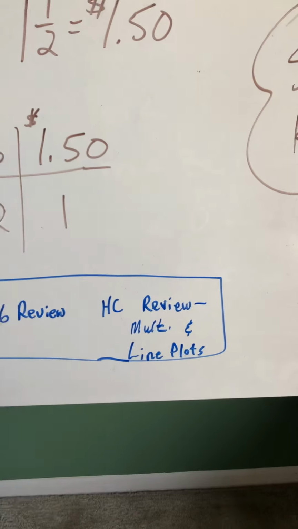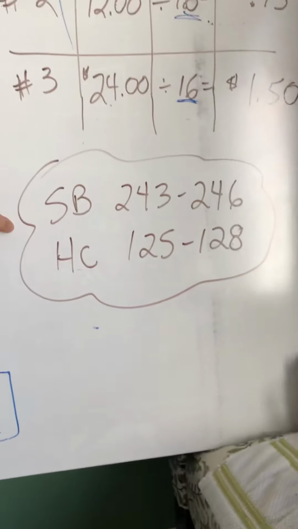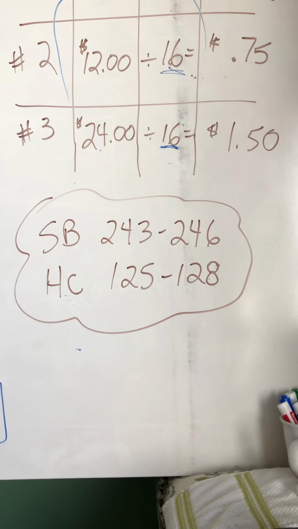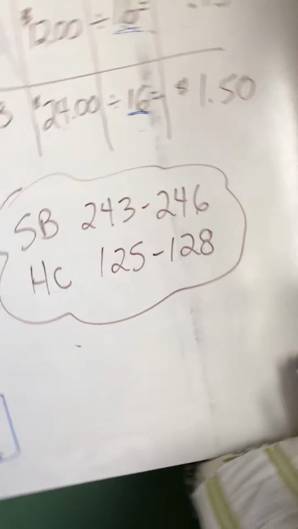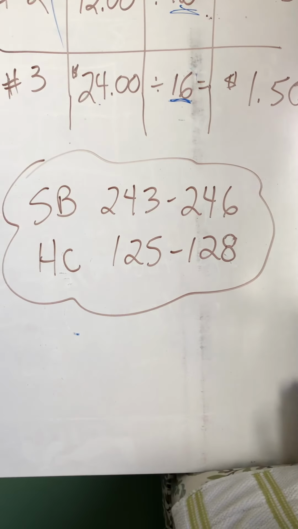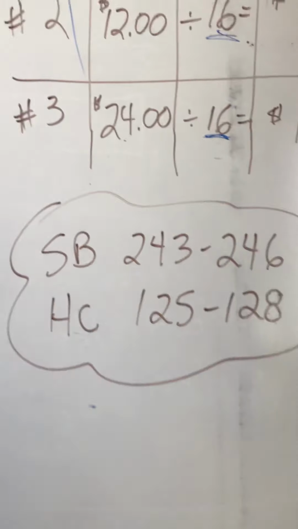And the last thing, total, is student book 243 to 246. I skipped over a workplace, so don't worry about that. And home connections 125 to 128.